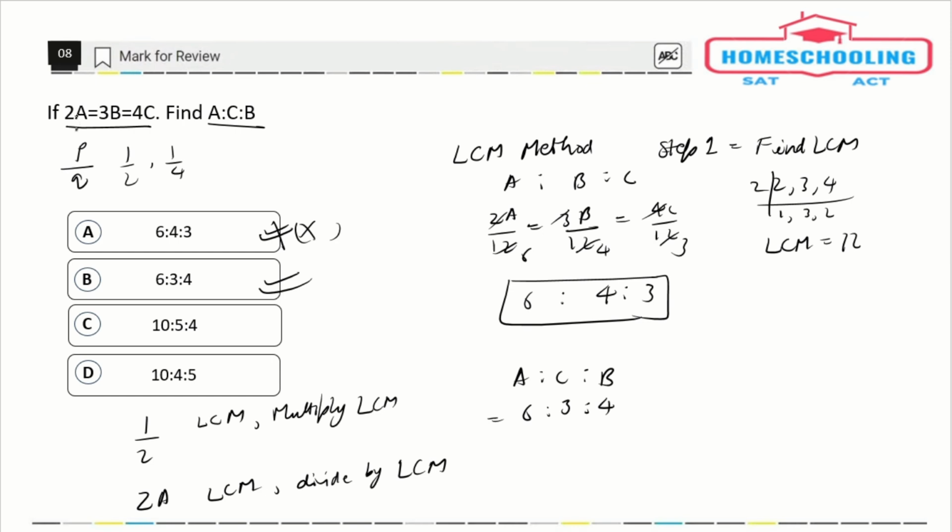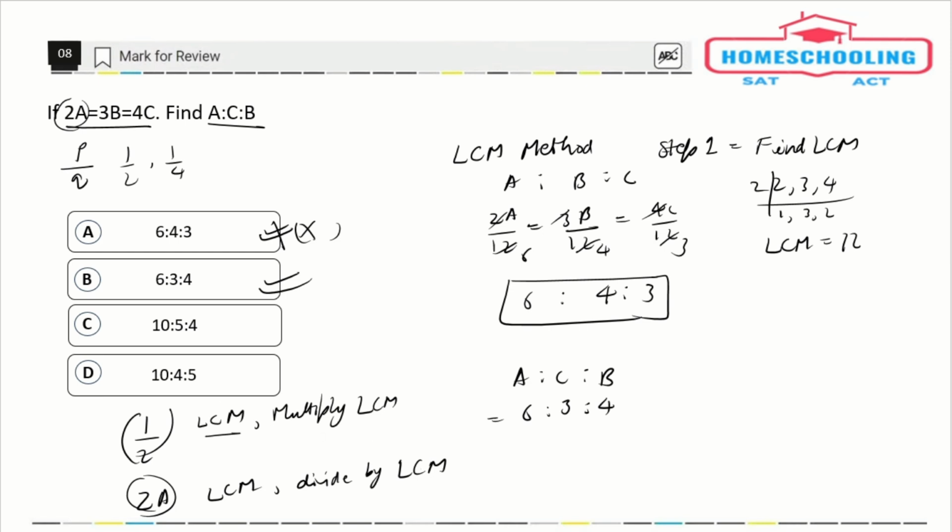So you have to remember this. If it is given in P by Q form, first find the LCM, then multiply all the ratios with the LCM. And if it is given like this, then find the LCM and divide all the ratios by the LCM.